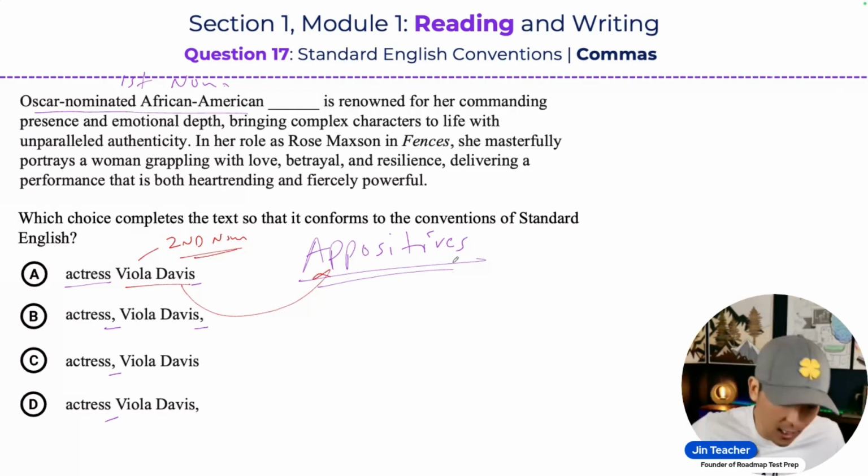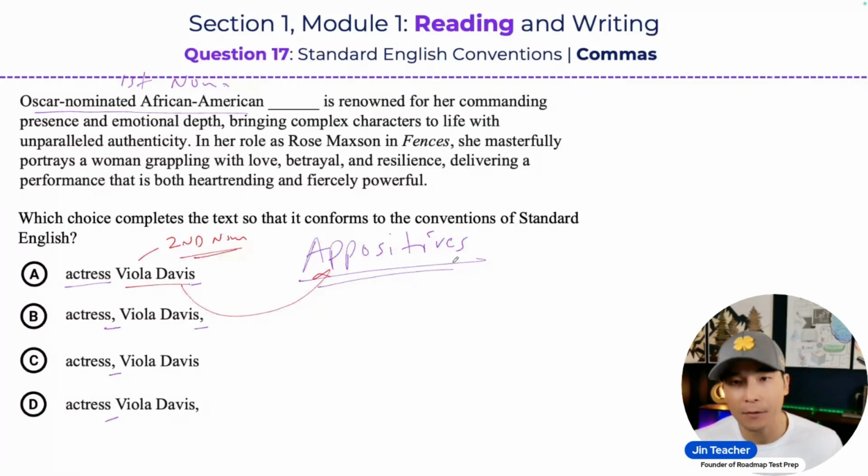So who was an Oscar-nominated African-American actress? Oh, well, it's Viola Davis. That's what the appositive is doing in this sentence. In other cases, it could give you a definition of the first noun. It just depends on the sentence that's written at that time. But in this case, it is just naming that first noun.